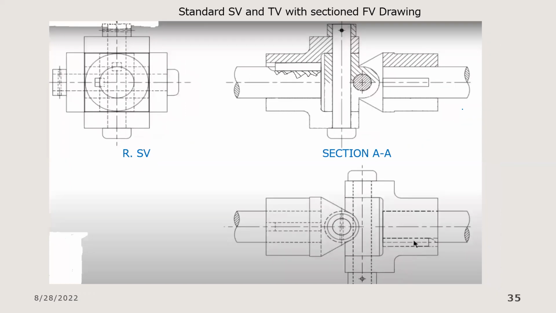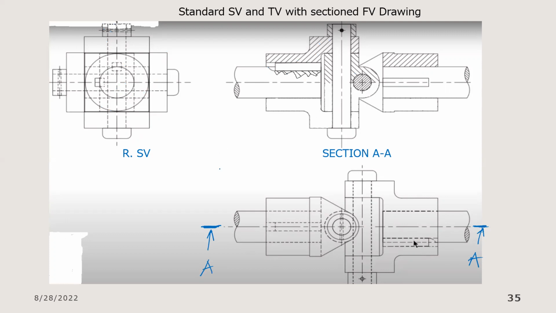Then lastly, again for the purpose of explanation, if we put our section lines through this, I'm calling this section A. So AA is what is giving us this view. And then I need to put the section line over here too.